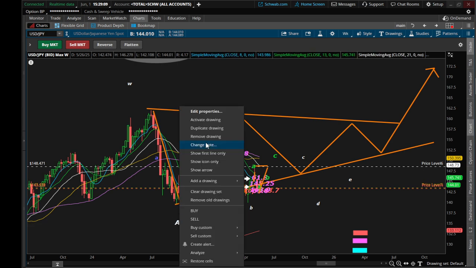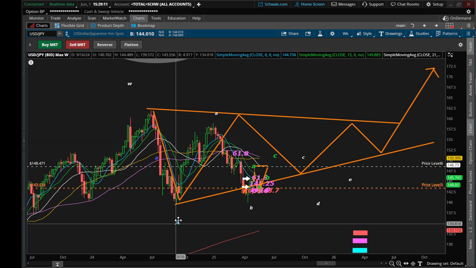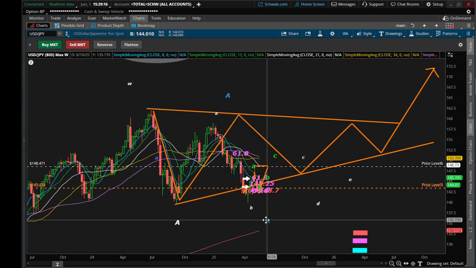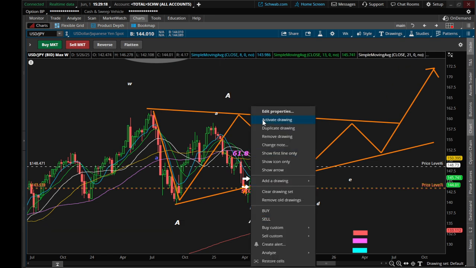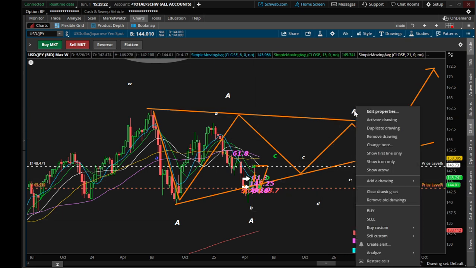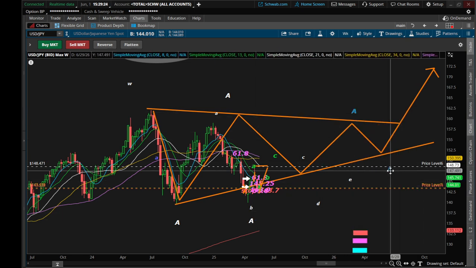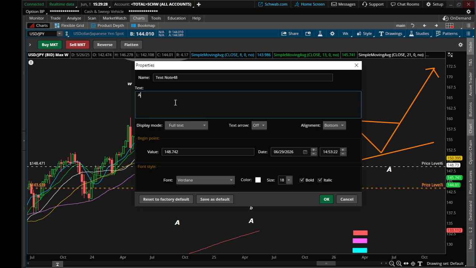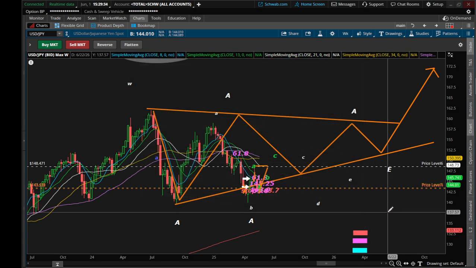So we're just going to duplicate these, but just know that would be a B. This one would be a C. This one would be a D. And this one would be the E.